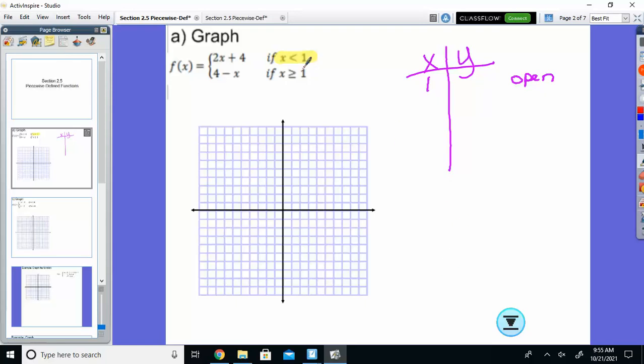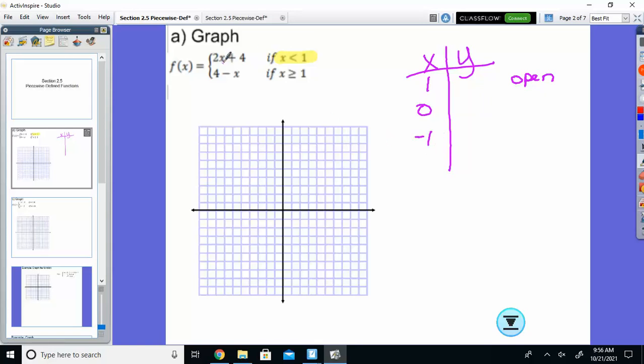And then it says to use that piece, x has to be less than 1. So the other x's have to be something smaller than 1. You can pick any numbers you want. I'll just do 0 and -1. So then we will plug those in to that first piece.